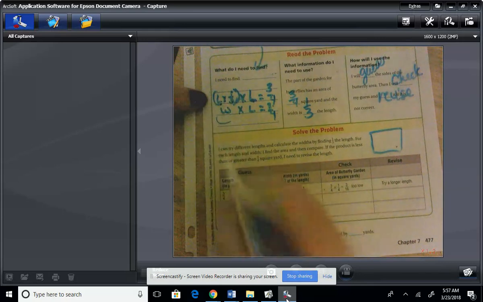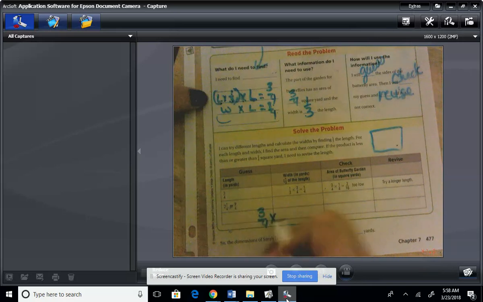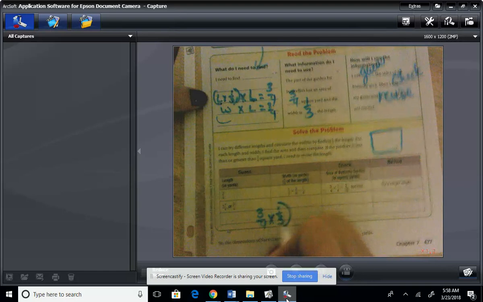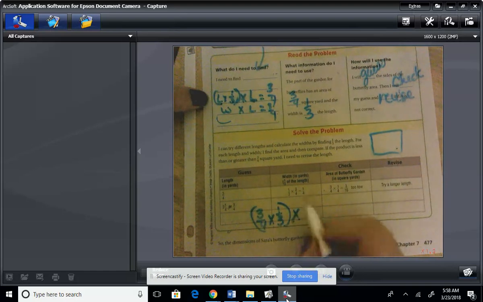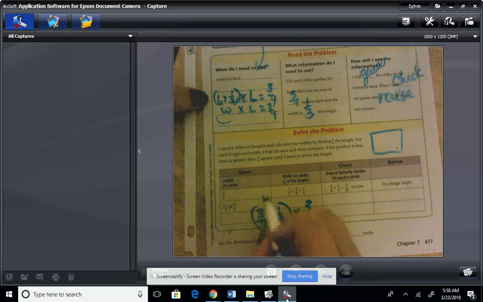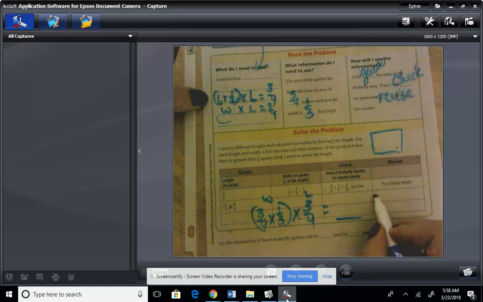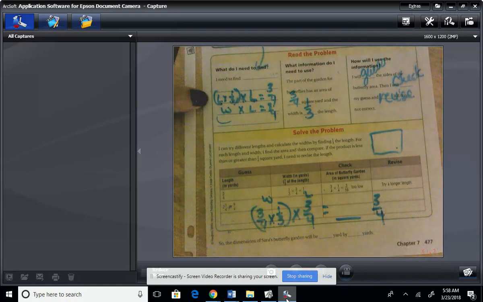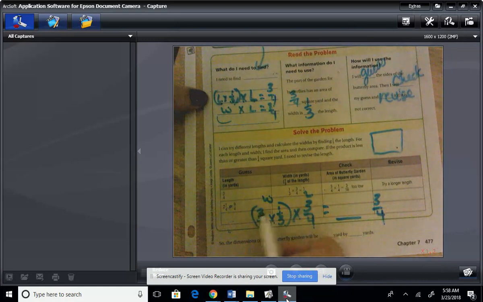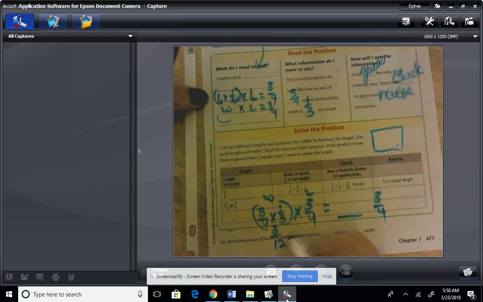So to put that in the formula, we're going to do 3/4 times 1/3 times 3/4, because we're trying to find the width times the length and see if we come up with 3/4. We will compare that. So if we do this quick, 3/4 times 1/3, that's 3/12. And we could simplify, but we don't need to till we're at the end.